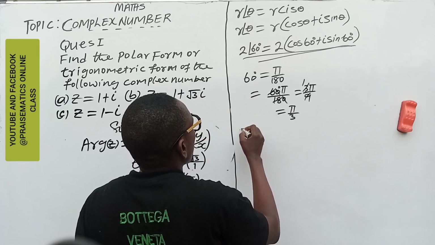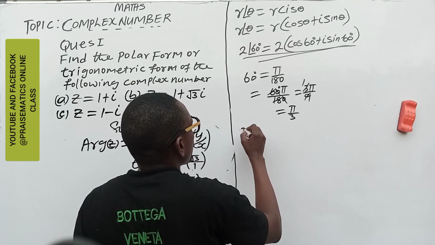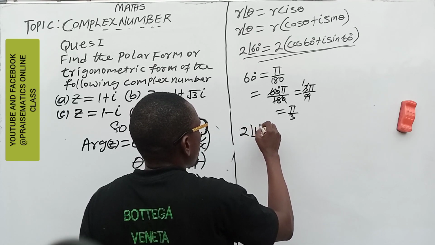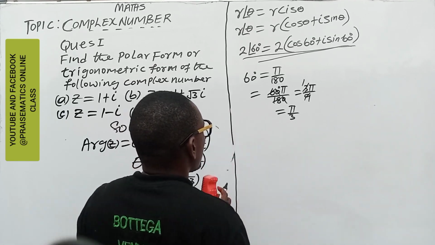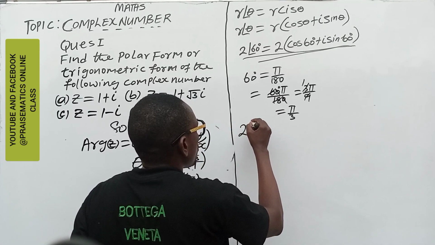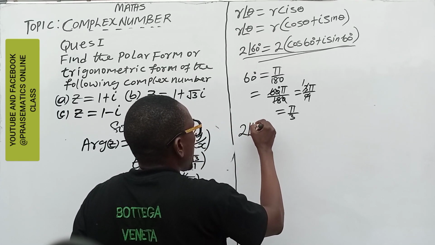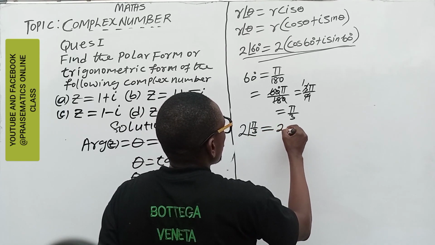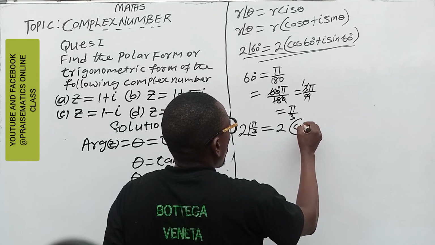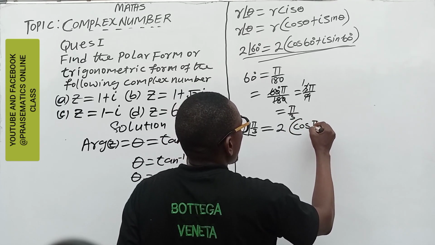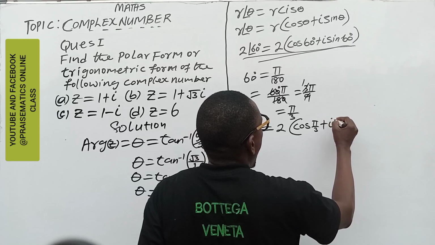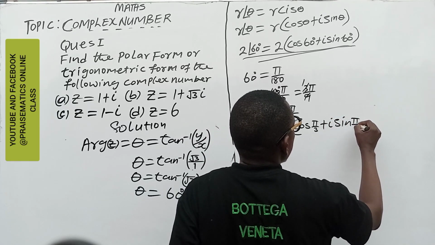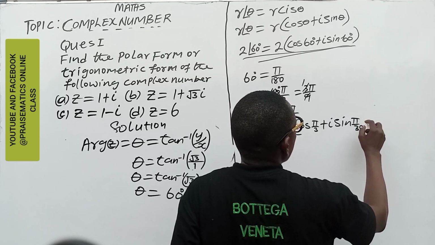So you can have this as 2 into pi over 3, which is equal to 2 into cos pi over 3 plus i sine pi over 3.